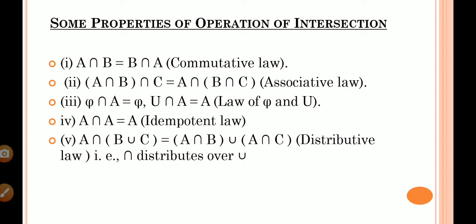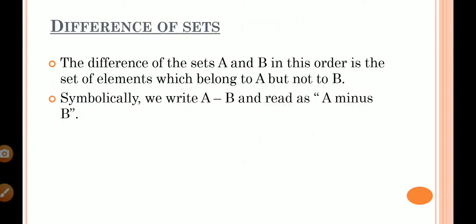The law of identity is given: universal set intersection A is equal to the set A. Idempotent law: we know that A intersection A is always the set A. And the distributive law is A intersection B union C equals A intersection B union A intersection C. It is distributive over union.